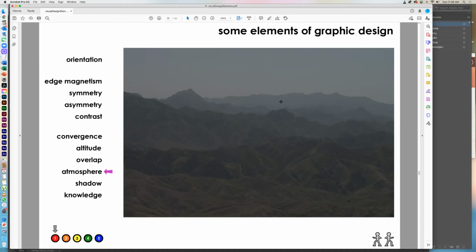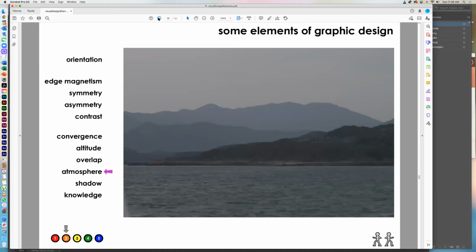So here you see it just in the photograph. This is actually shot from the Great Wall. Here on the water, it's the same picture, a similar picture day. It was a hazy day, but there's always a natural haze that in the distance things become a little more gray.